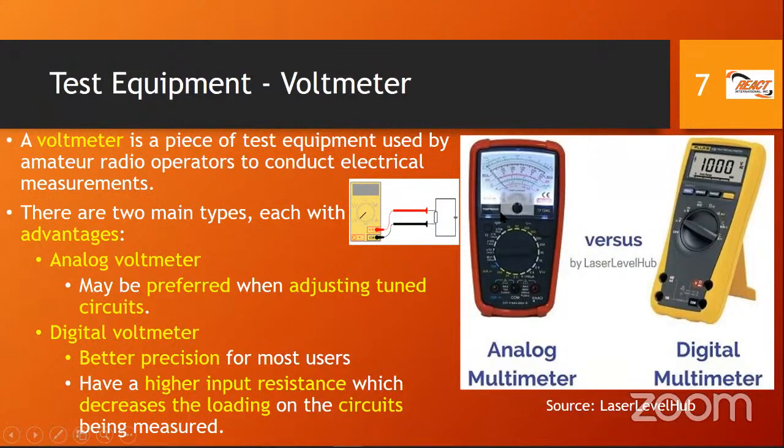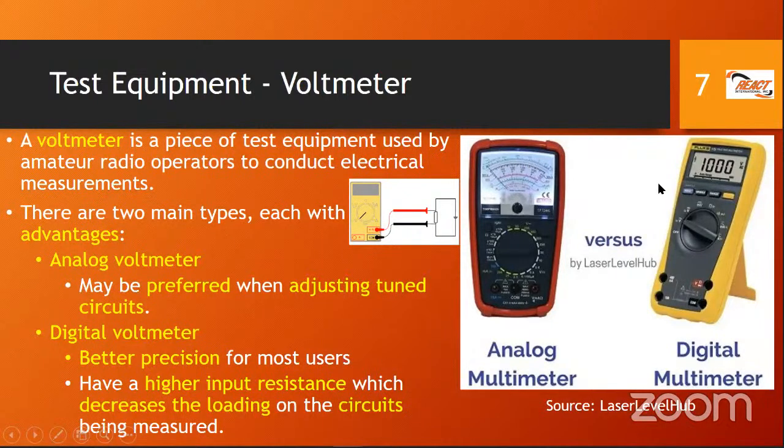Some of these meters, of course, will have multiple functions. It will not only measure voltage, as the name is suggesting. It will measure current. It will measure several other things as well, resistance, and so on. However, this is an example of a voltmeter on the left-hand side. On the right-hand side, we also have an example of another voltmeter. One is analog. As you notice here, you have the readings, and then you have a needle, and that needle moves.